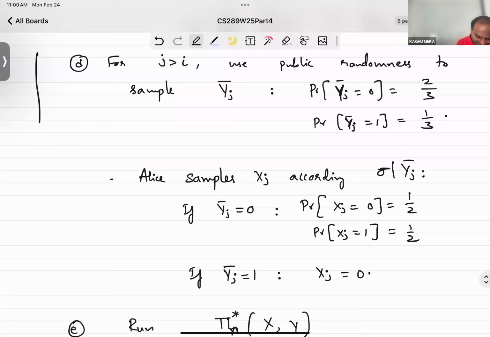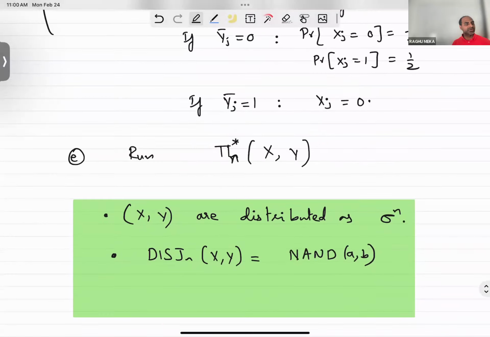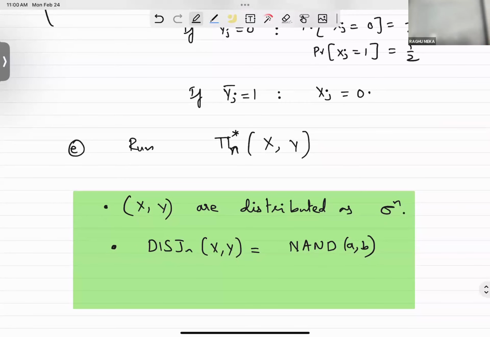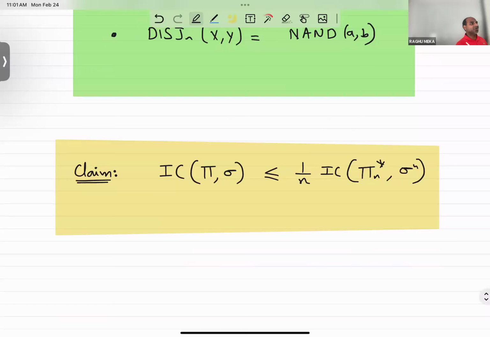Right? So this whole 5-step thing, that's our big protocol pi. You do all of the sampling and also this running pi and star. That's our final protocol pi for NAND. Okay? And you want to argue that its information cost is very low. It's 1 over n times IC pi and star comes in. It is counterintuitive in some sense, right? Because if you think of pi, it's a huge protocol.